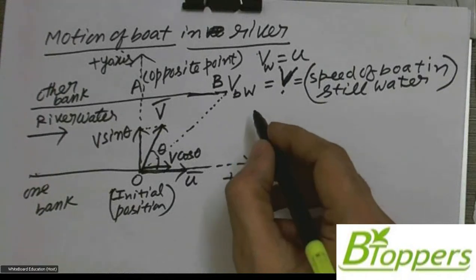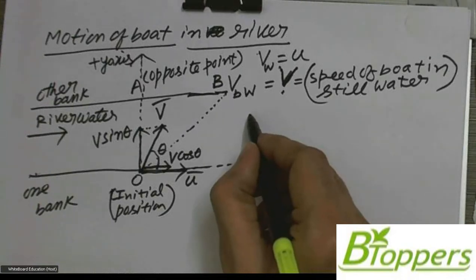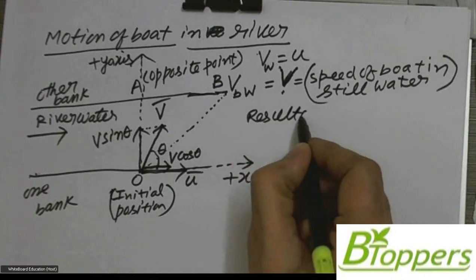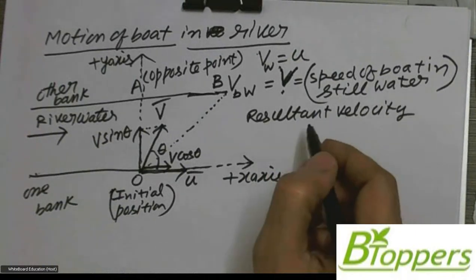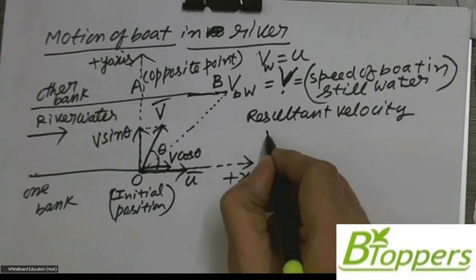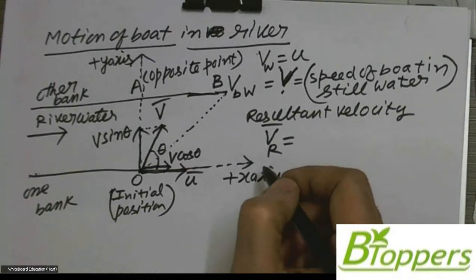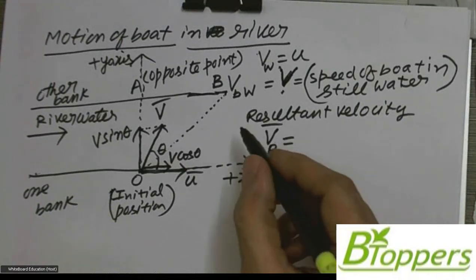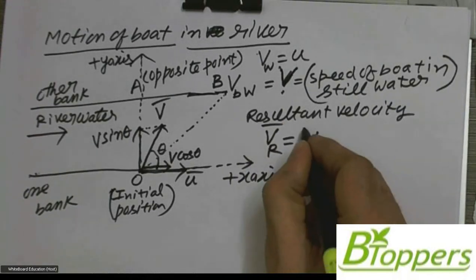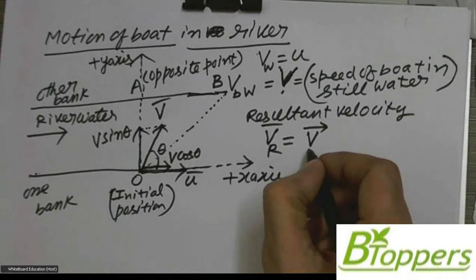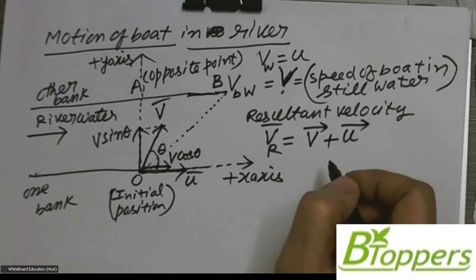You can write the resultant velocity of the boat, meaning the velocity of the boat as seen by a stationary observer on one of the banks, or the velocity with which the boat moves with respect to a stationary observer on one of the banks, will be the vector sum of the relative velocity of the boat with respect to water and the velocity of water.